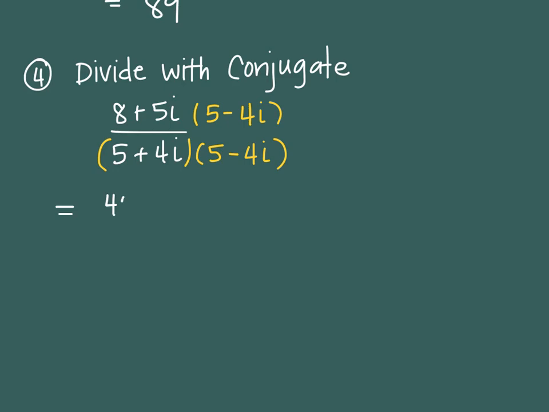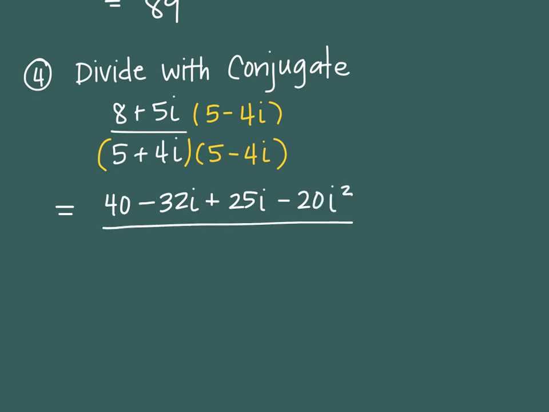You're going to get 40 minus 32i plus 25i minus 20i squared. You'll always get the i squared at the end of a FOIL problem. The bottom will become 25 minus 20i plus 20i minus 16i squared. And there's that i squared at the end of a FOIL problem again.